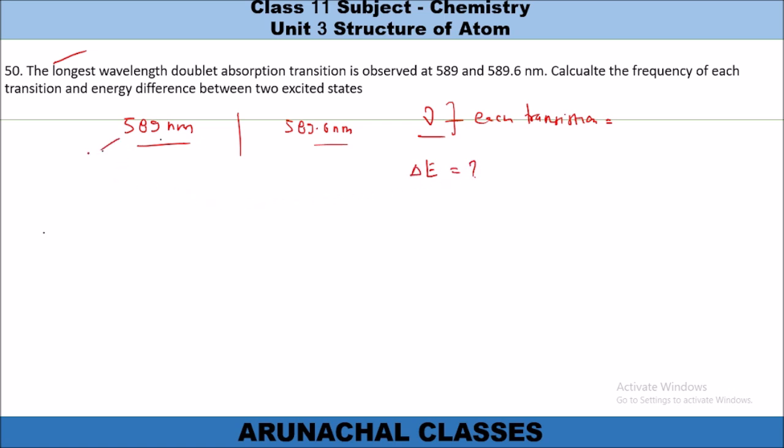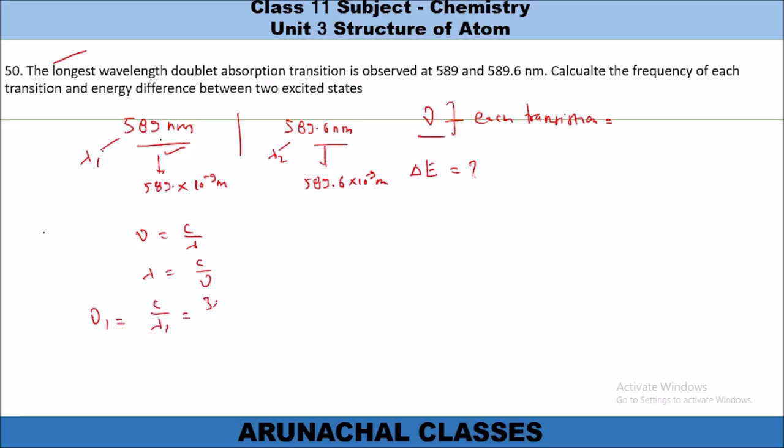So here λ1 is given as 589 nanometer, so it will be 589 multiplied with 10 power minus 9 meter. Now λ2, that is 589.6 nanometer, is 589.6 multiplied with 10 power minus 9 meter. Now we know that ν is equal to c upon λ. So ν1 we need to find out, it will be c upon λ1.